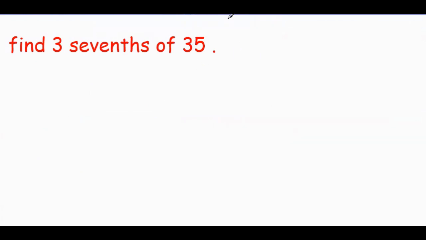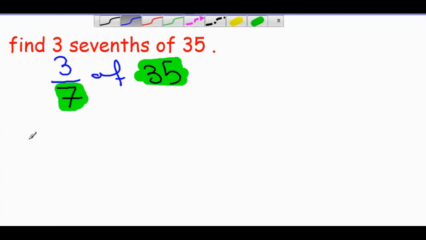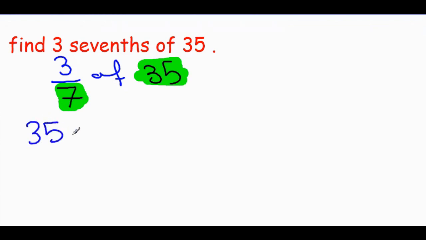And the last example here, I want 3/7 of 35. 3/7 of 35, or 3 out of 7. You should break the whole 35 into 7 equal parts and take 3 from the 7 equal parts. So the first step here is to divide 35 by 7. You will get 5.